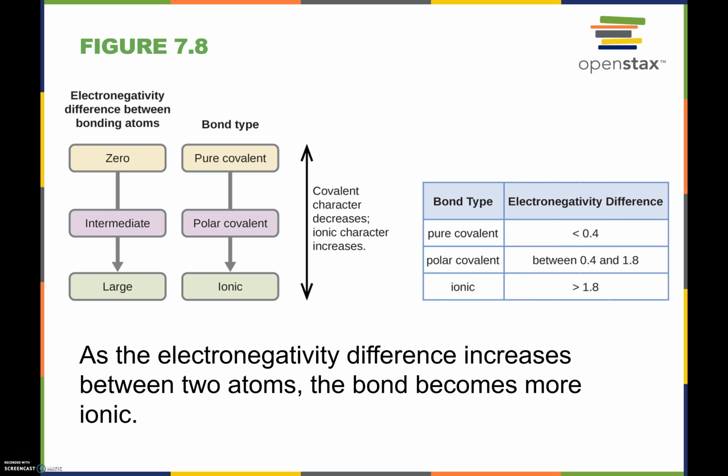This is where I was telling you that the chemist who wrote this OpenStax chapter went with a criterion of 1.8 instead of 1.7, where the electronegativity difference is great enough that the atom with the higher electronegativity will take an electron. Also, I thought this was interesting, as this is our first time teaching from OpenStax: they say you can call a bond basically nonpolar, a pure covalent bond, if delta chi is less than 0.4.